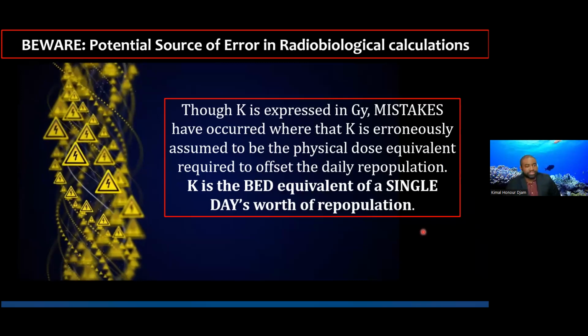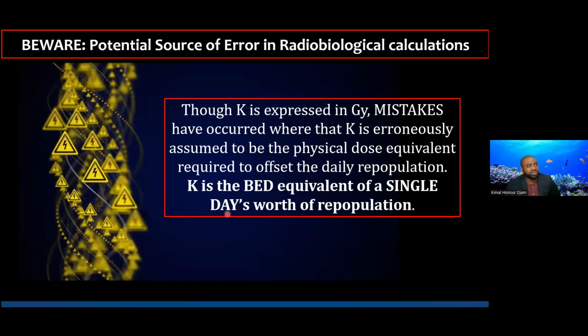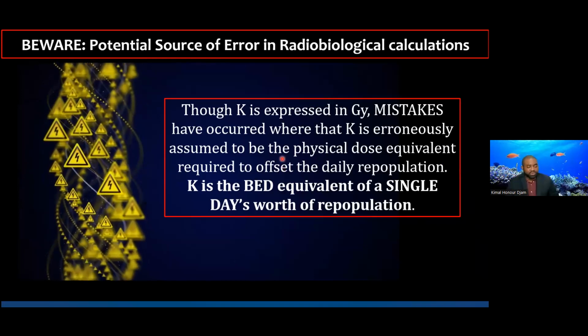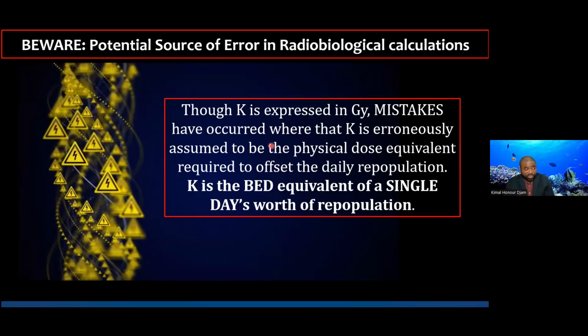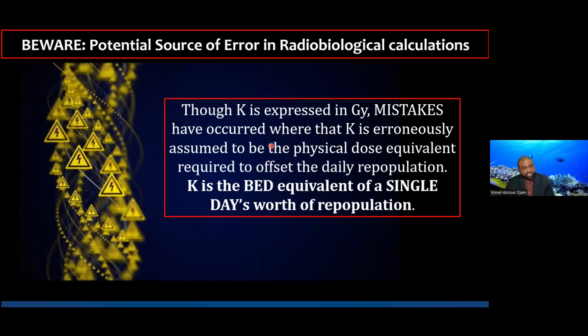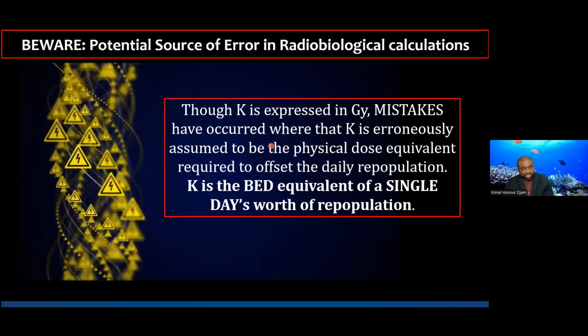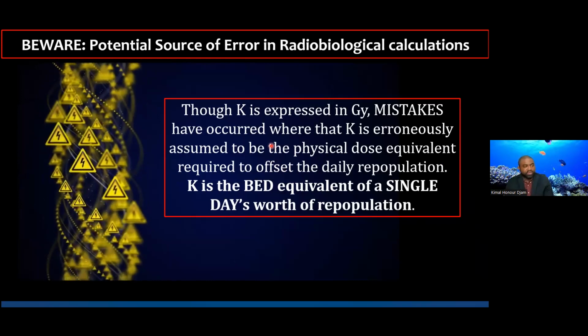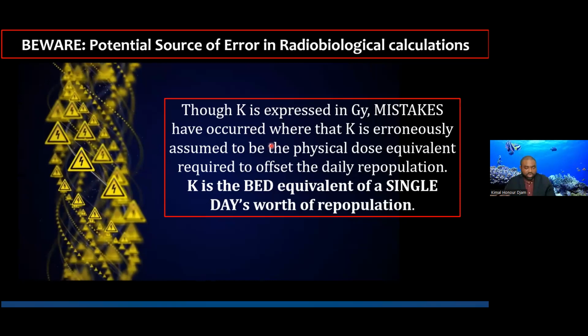Now, to piggyback on something I said before, keep in mind that even though the slope K is expressed in gray, we should not mistake that to be equivalent to physical dose, which is also in gray. K and physical dose are like torque and work.